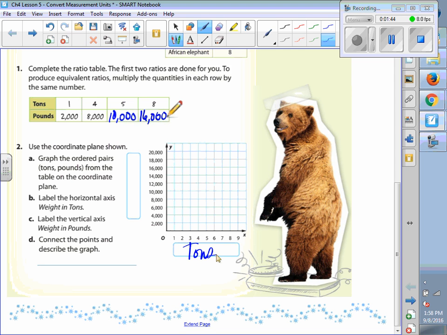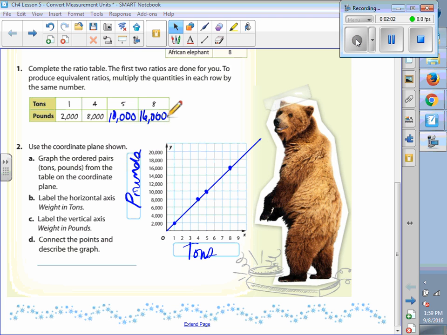So now we're going to plot the points and then connect the points. So we plotted the points and then we connected the points.